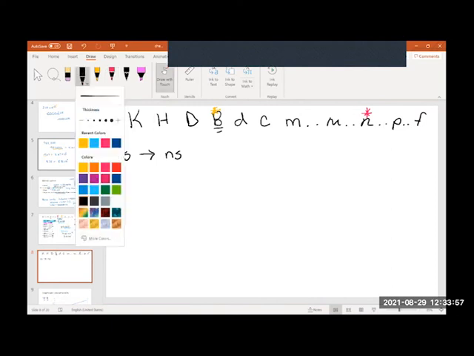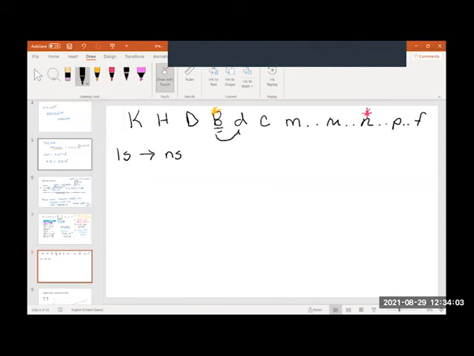Our next step is to count the jumps and be mindful of the direction. 1, 2, 3, 4, 5, 6, 7, 8, 9. We jumped 9 positions to the right.